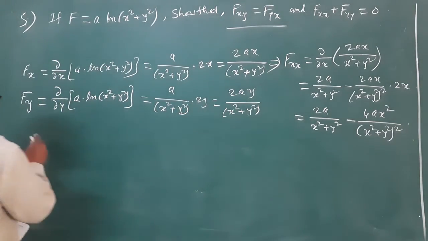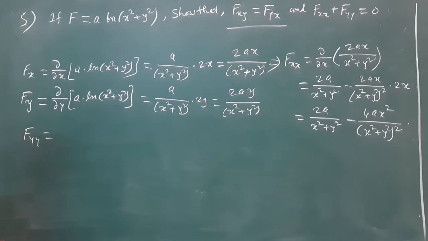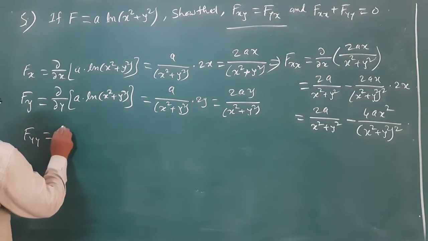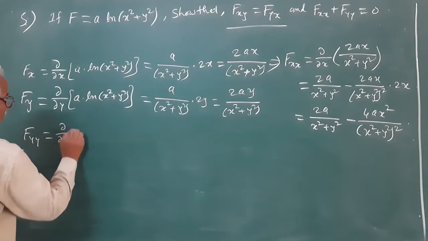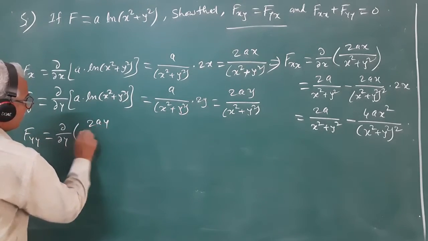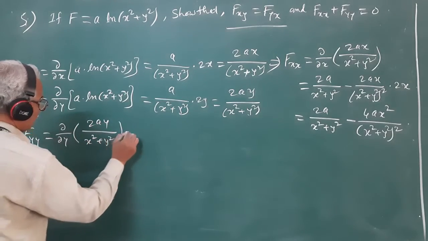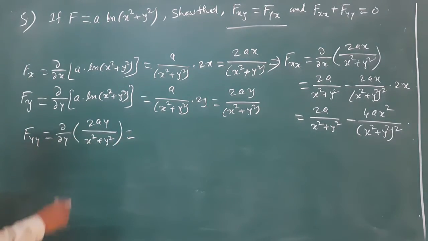Similarly, we can obtain the expression for fyy. So fyy is nothing but ∂/∂y of fy. Fy is 2ay divided by x² + y².